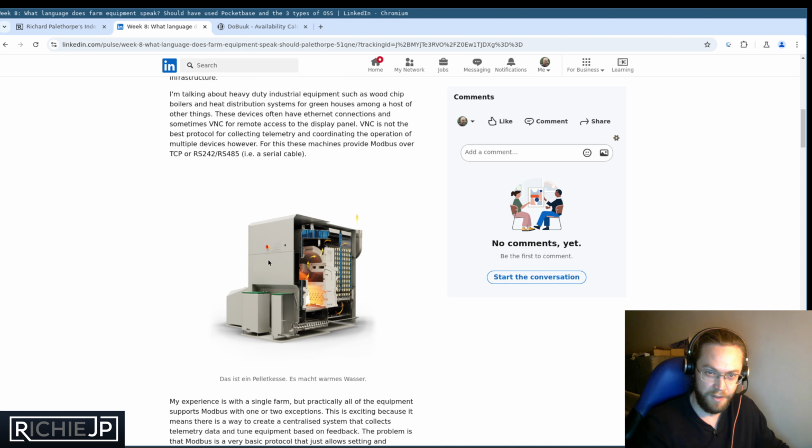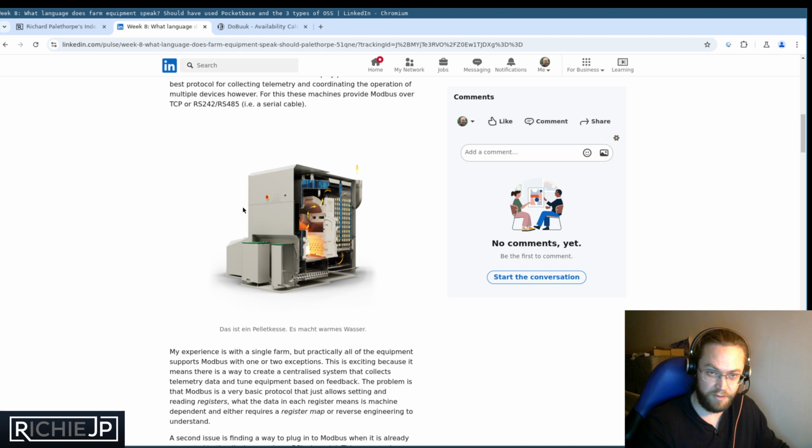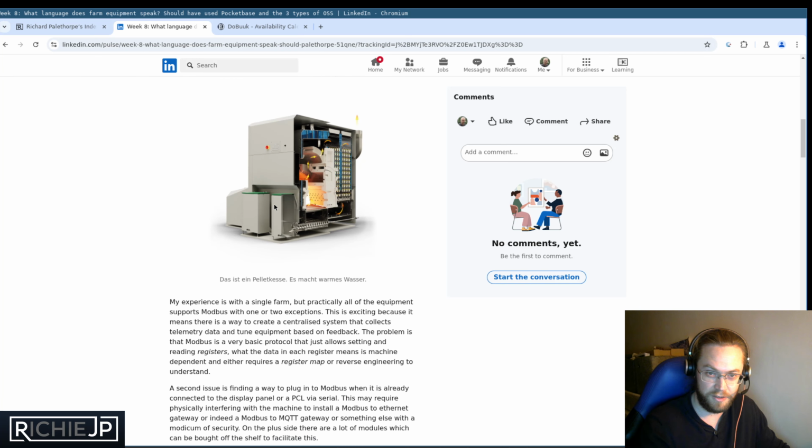So in theory, you can insert a device into that, which will act as a serial to Ethernet bridge or relay, but in practice it might require interfering with the machine and generally just cause a bit of hassle.